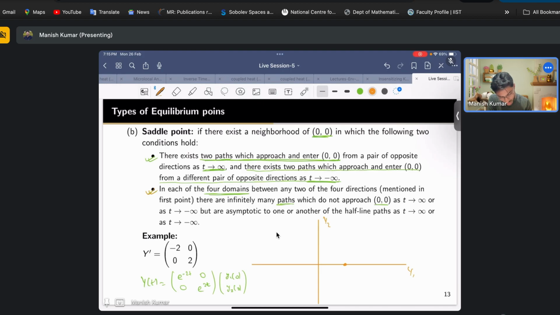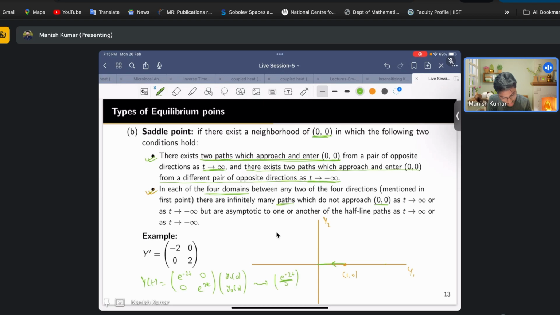So if I choose this point (1, 0), then you can clearly see that the solution is nothing but e^(-2t) and 0, right? That means as t goes to infinity, this is going to (0, 0), and the magnitude of y1 is decreasing. That means the solution would be like this as t goes to infinity.